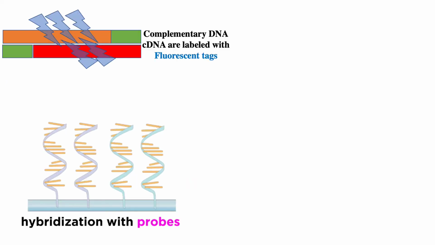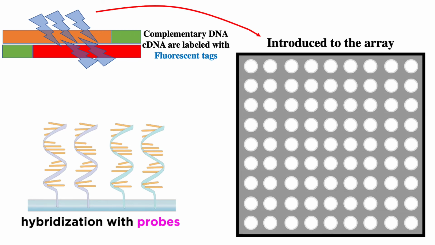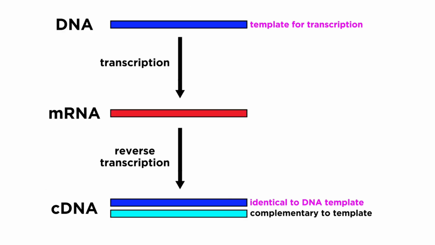These cDNAs are labeled with fluorescent tags and introduced into the array, allowing them to hybridize with any complementary DNA sequence they can find. Now recall that these cDNAs will have sequences that should be identical to the segments of the genes that produce the mRNAs, because DNA is the template for the mRNA during transcription and the mRNA is the template of the cDNA during reverse transcription.